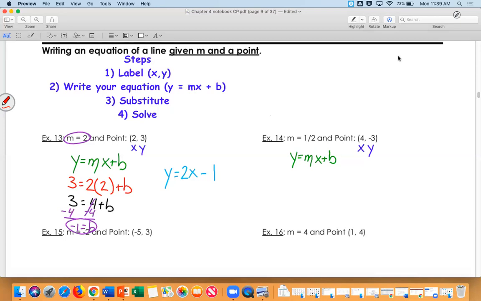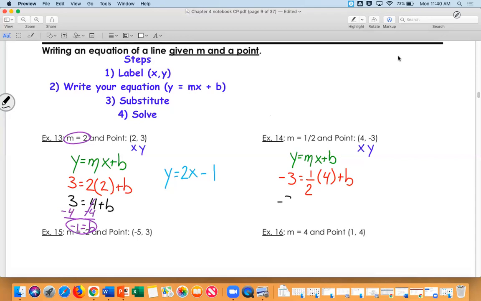Y is -3. M is 1/2. X is 4. B we don't know. What's step number 4? Solve. So we need to solve for B. What's half of 4? 2.